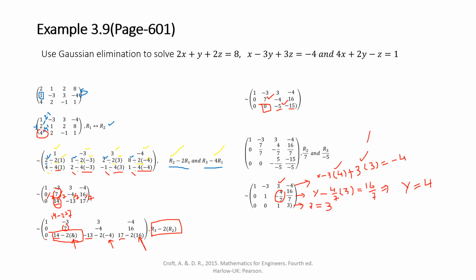Okay, so when minus 3 is shifted to the other side, it will become plus 3 and equals 1.